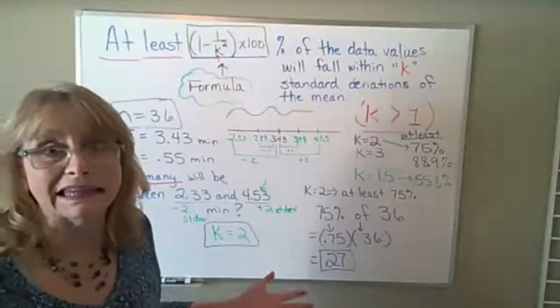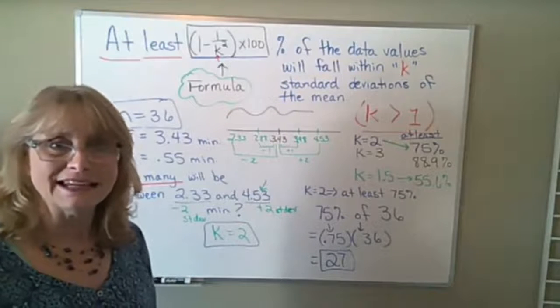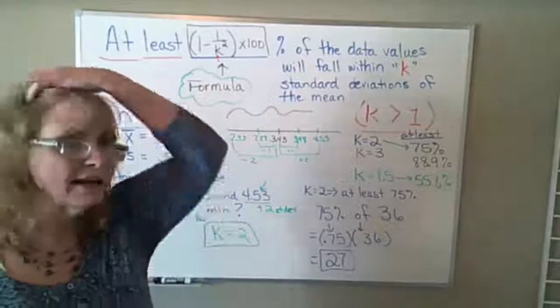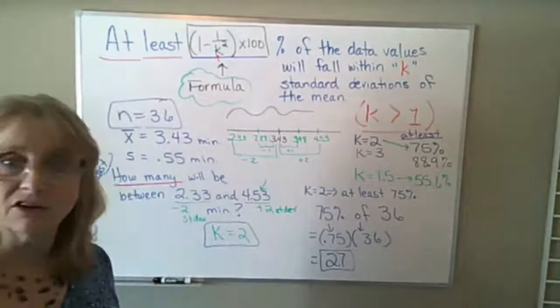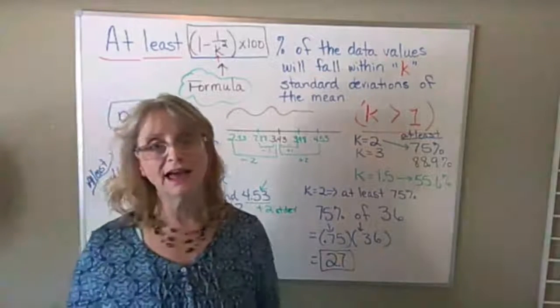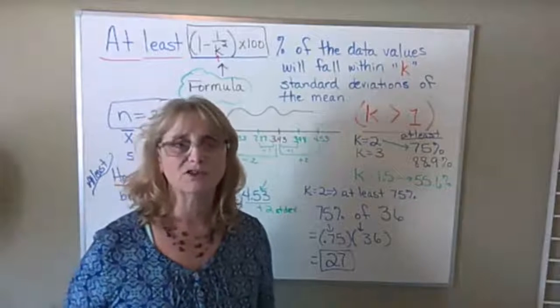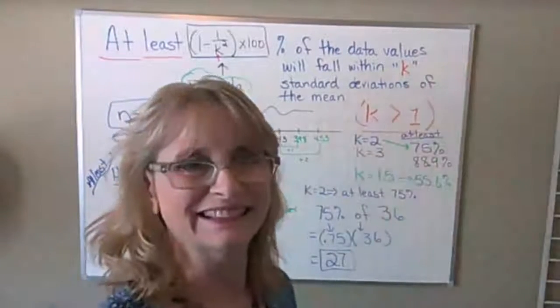The easy one will seem really easy then. These are towards the end of the 2.4 assignment. That's what Chebyshev's theorem is used for: to find the minimum percentage of data values that are within a certain number of standard deviations of the mean of the data. Hopefully you won't have any trouble now doing those last few problems in section 2.4.